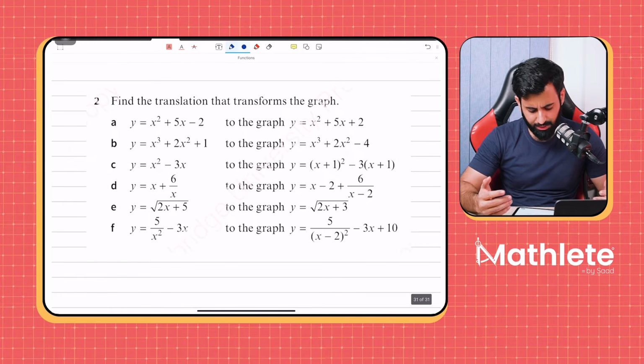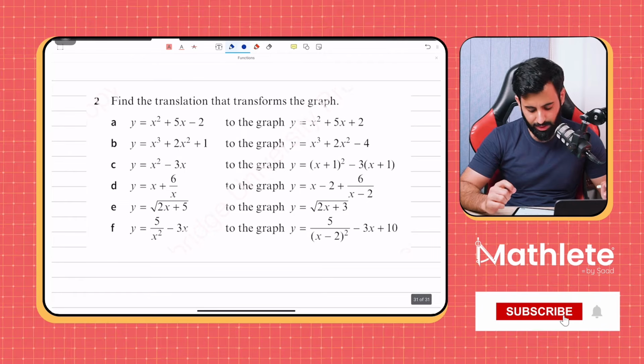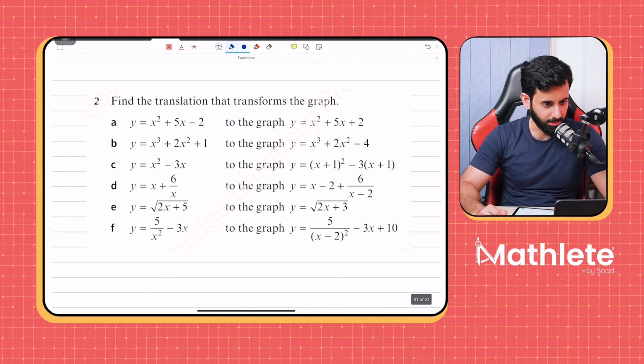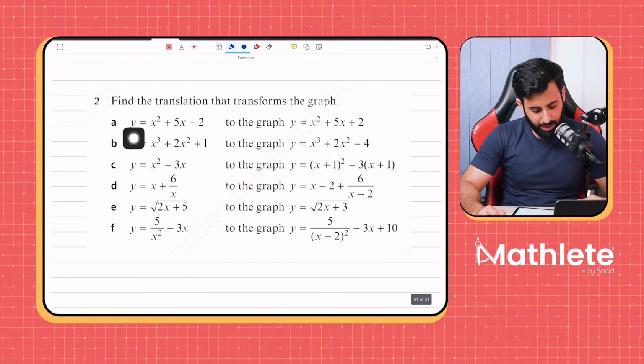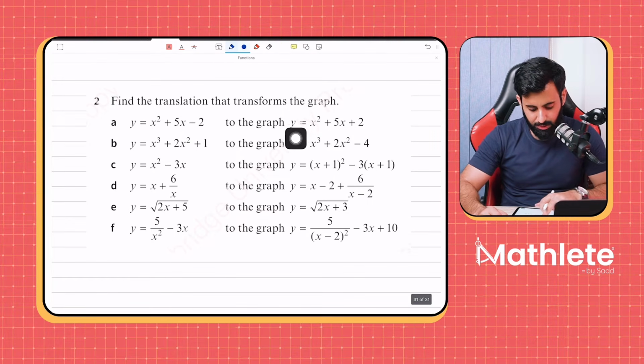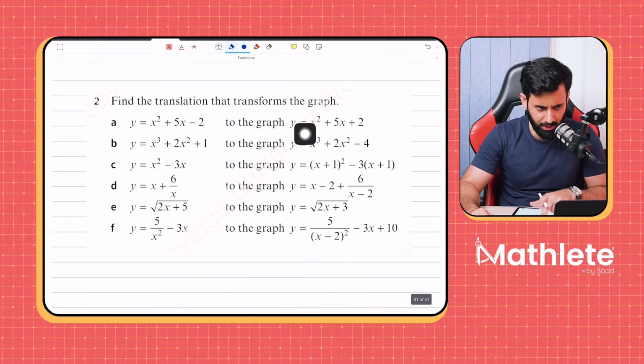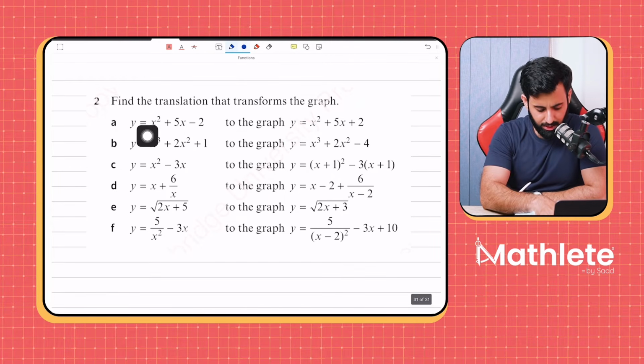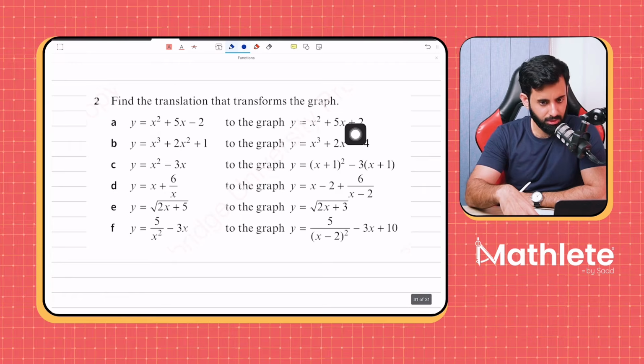It's easy to identify a vertical translation, but it can be challenging to identify a horizontal translation. So here's an example: y equals x squared plus 5x minus 2, and then you have y equals x squared plus 5x plus 2. See if you can give this a shot. It's not that difficult, to be honest. What do you think is the translation that takes this graph to this?